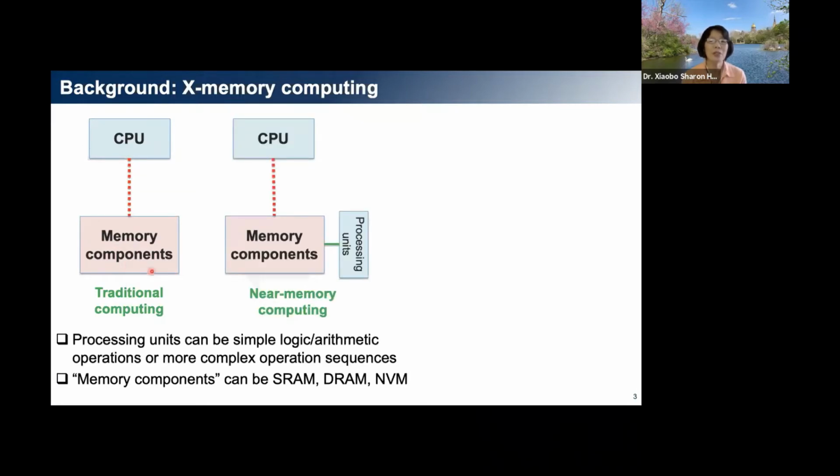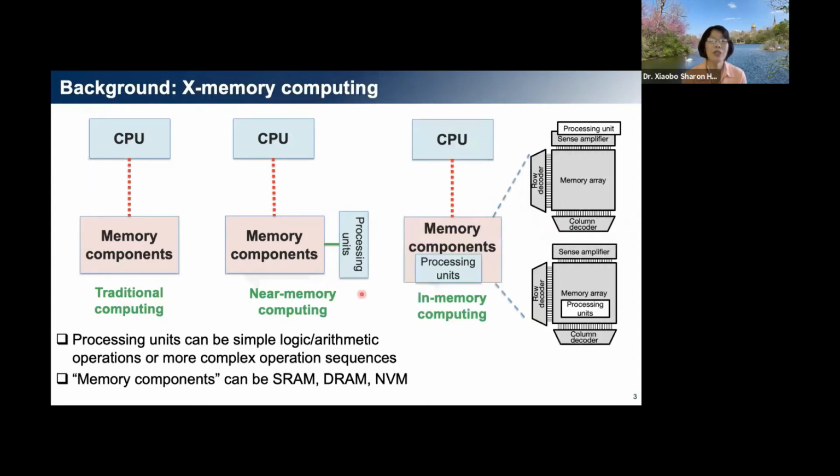Now there's also so-called near memory computing, where the processing units can be very close to the memory components. Typically, the processing components in the near memory computing setting tend to be more complex. For in-memory computing, I'm referring to the type of architecture where the processing unit is inside the memory component. Now they can be two different kinds.